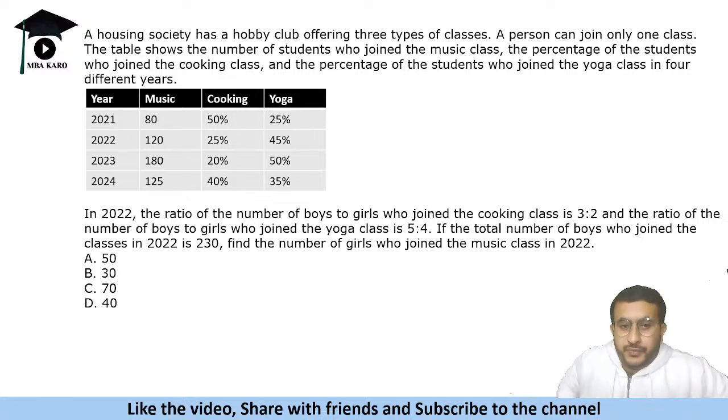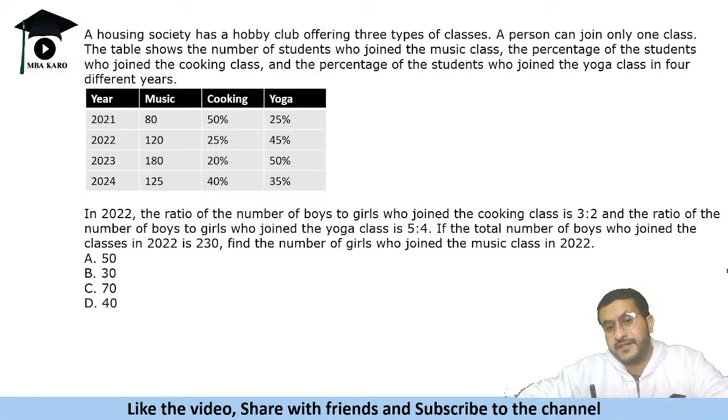Next is in 2022, the ratio of the number of boys to girls who joined the cooking class is 3 ratio 2, and the ratio of number of boys to girls who joined the yoga class is 5 ratio 4.